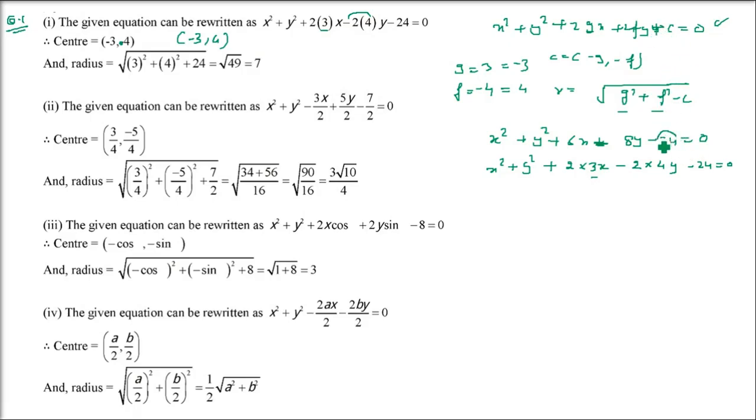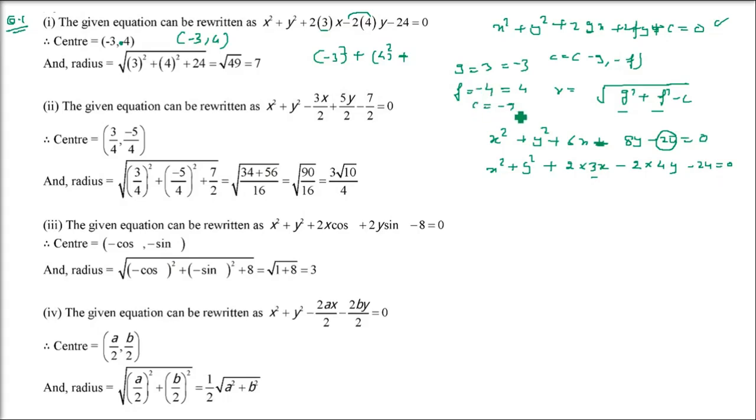The radius is the square root of g square plus f square minus c, and c is minus 24, because we are comparing it with plus c. So minus of minus 24 becomes plus 24.